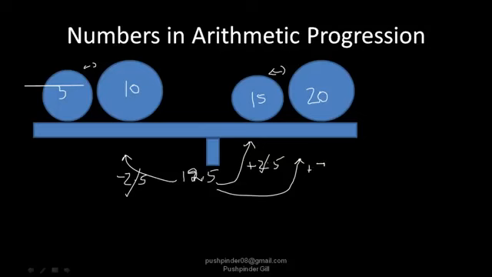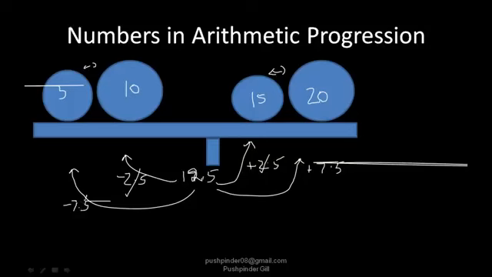Again, positive 7.5. And how far is 12.5 from 5? Negative 7.5. Are they cancelling out each other? Yes, they are. That means that no matter what I do, if I keep adding numbers to right hand side and left hand side, they will keep cancelling out each other, and I'll have the number right in the middle in terms of position as well.